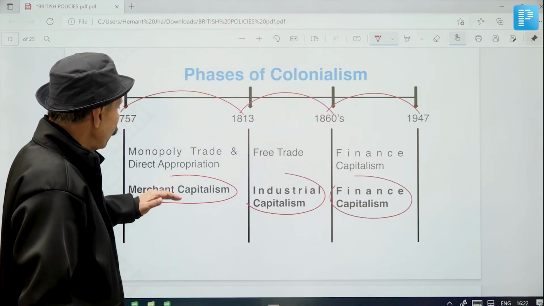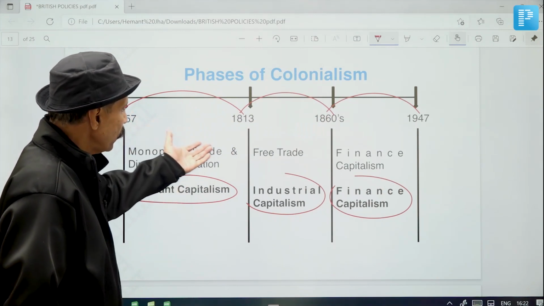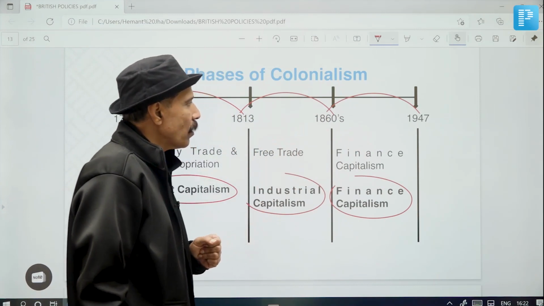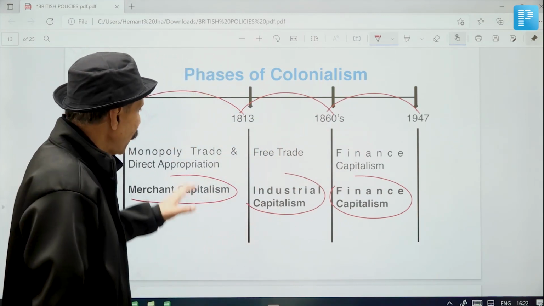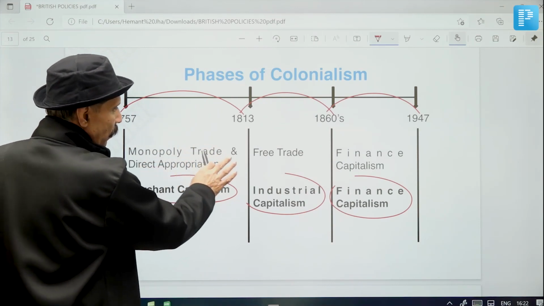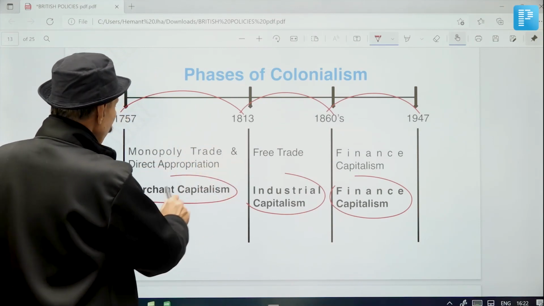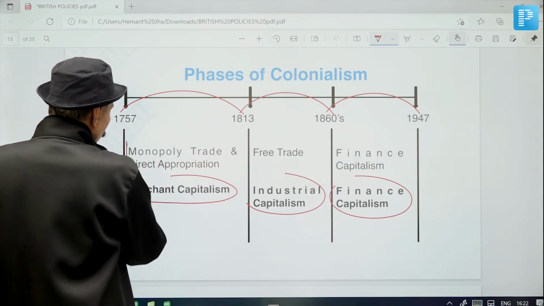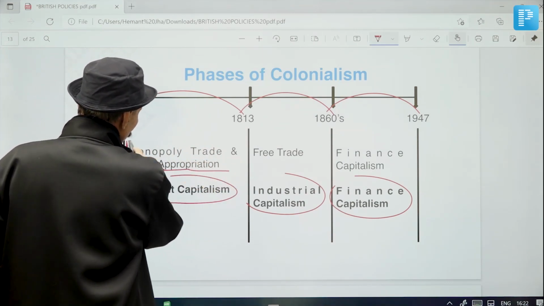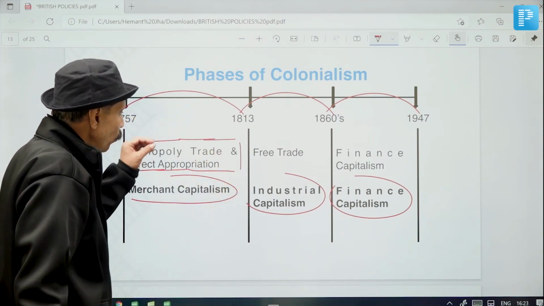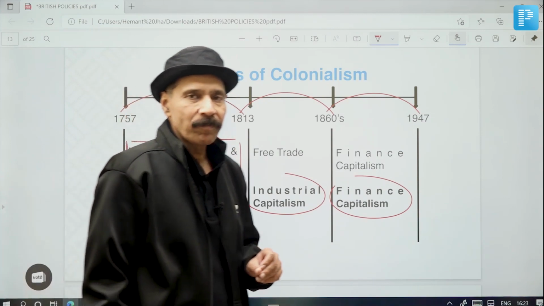So merchant capitalism associated with first phase, industrial, second phase, finance, third phase. Besides this, I have also mentioned here certain expressions. Here you find monopoly trade and direct appropriation. So monopoly trade and direct appropriation was the basis of colonial exploitation during this time.